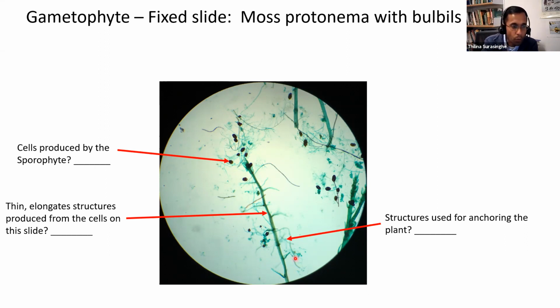Let's start with this one: structures used to anchor the plant. These thin hair-like structures that extend all over, that are light green in color. What do you call those? The purpose is anchoring. Those are the rhizoids? Yes, rhizoid, correct. Now, if that is the rhizoid, what would you call the thicker green structure?